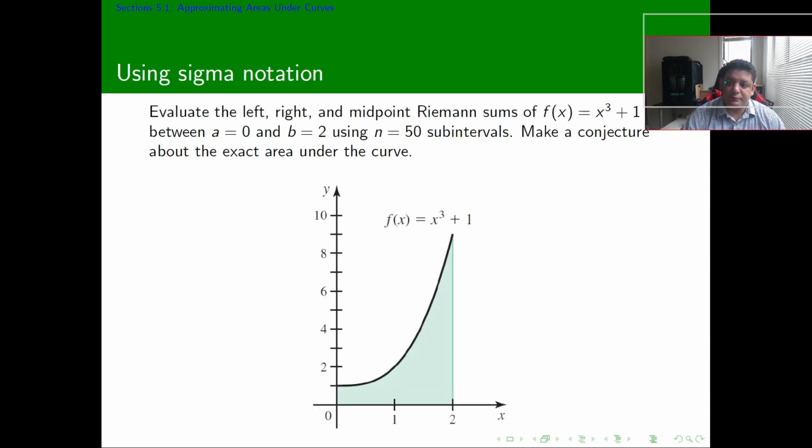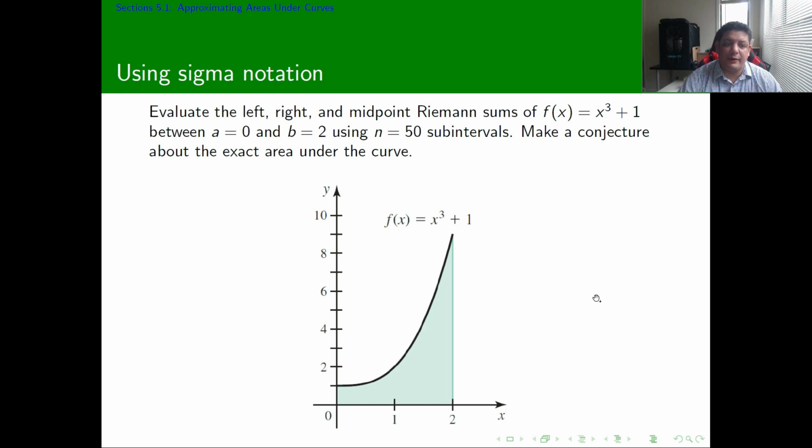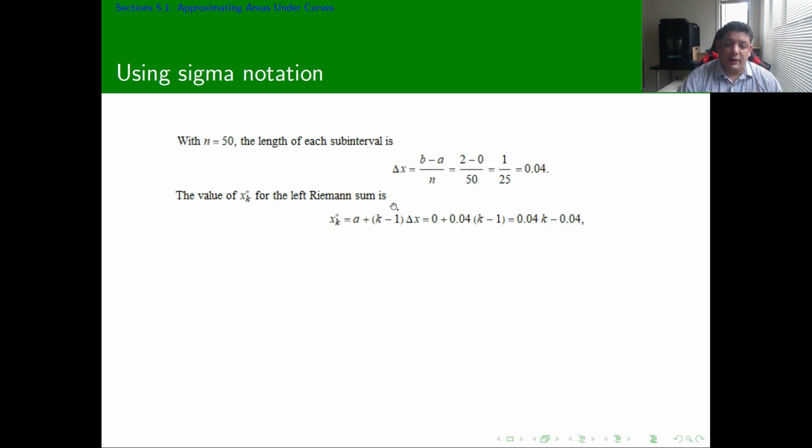Now, one proper example of this will be taking the function x cubed plus 1 between 0 and 2, and let's approximate using fifty subintervals. Let's check what the curve is going to do. Notice f of x equals x cubed plus 1 is our function, and we're going to split this into fifty subintervals.